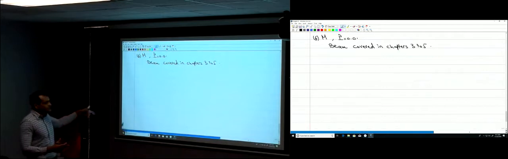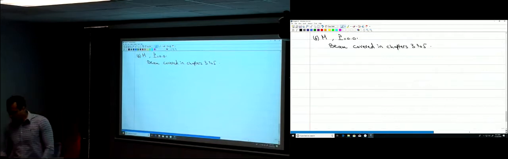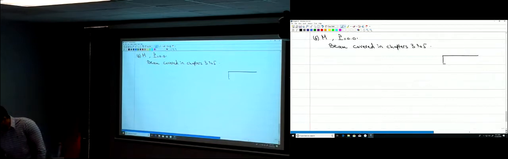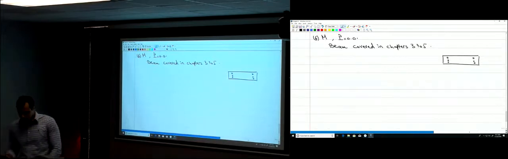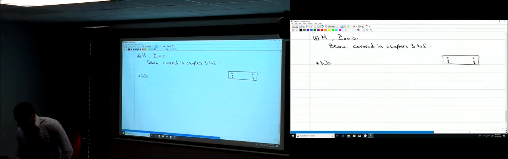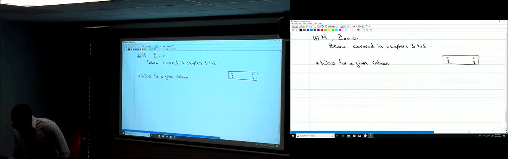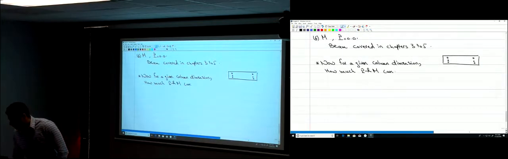It depends on which case you are studying. So now, let's say you have a column that is given, that is like this. For a given column dimension, how much P and M can be resisted?